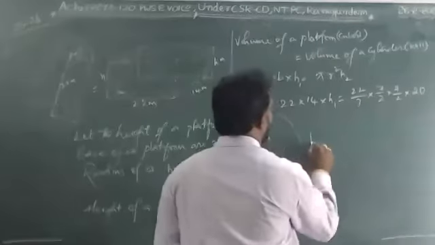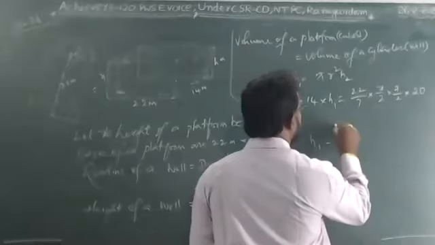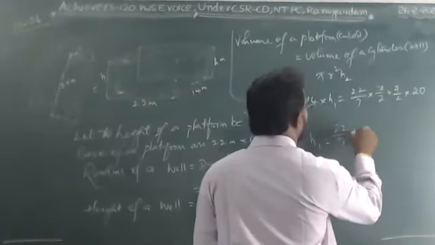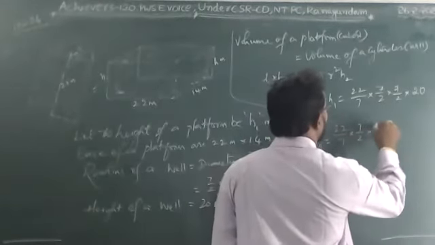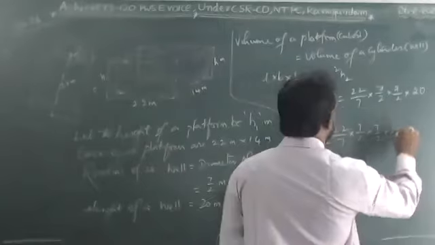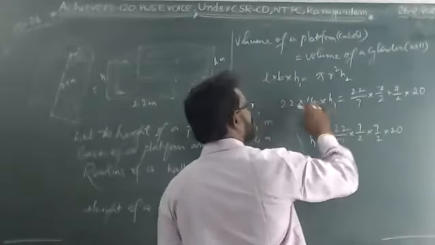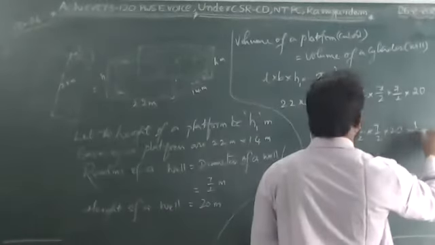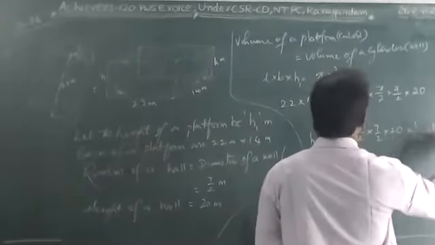Now H1 is equal to, an easy calculation I am doing here. Don't multiply everything. It's very easy. Just send 22 and 14 to this side. It becomes 1 by 22 and 1 by 14.